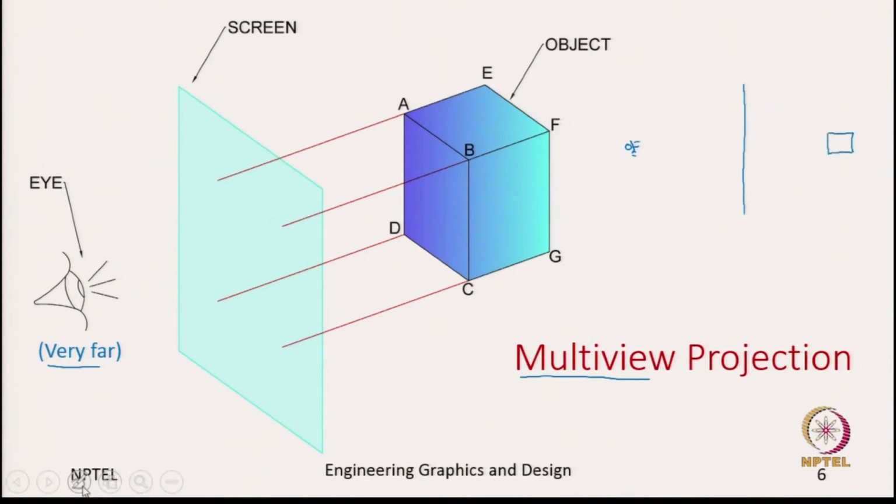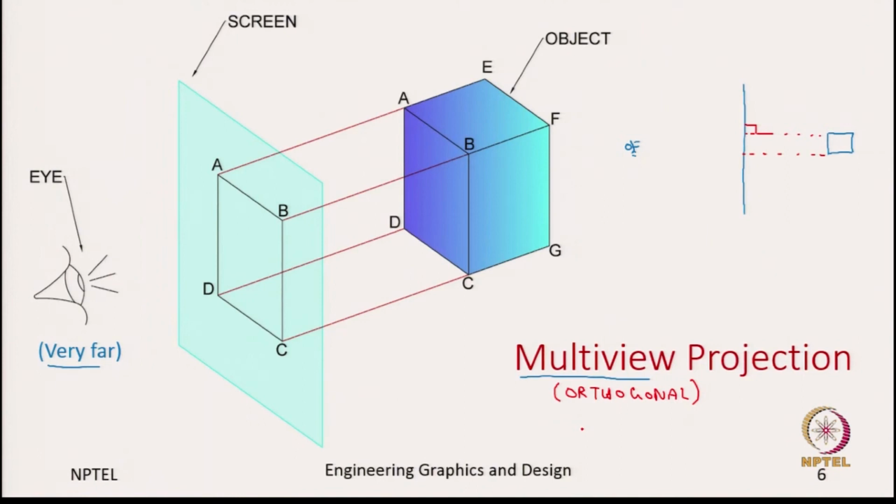Now, these are the projectors, and we see that these projectors intersect the projection plane at an angle of 90 degrees, perpendicular. That is why we also call these orthogonal projections sometimes.